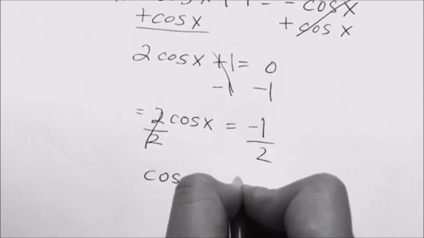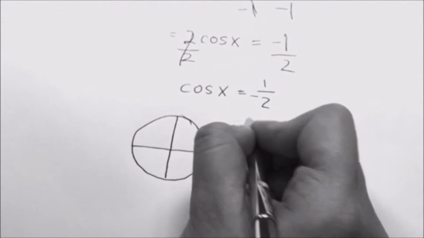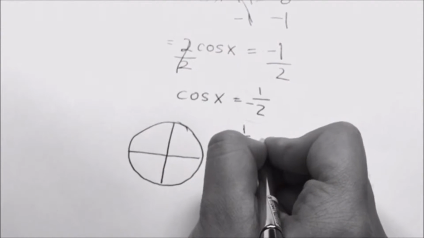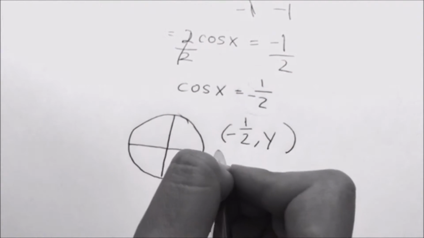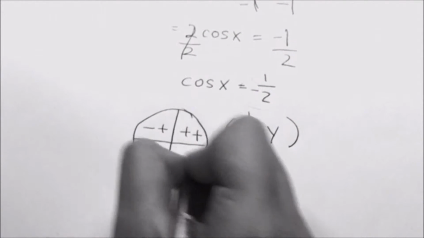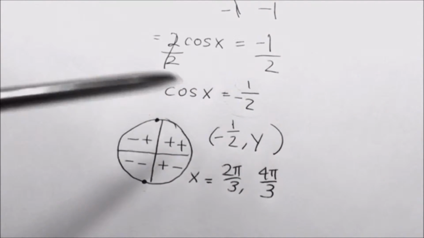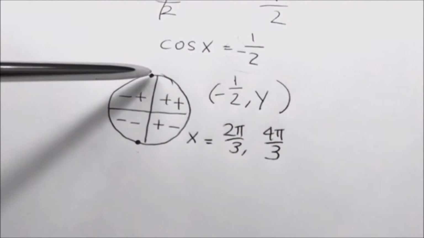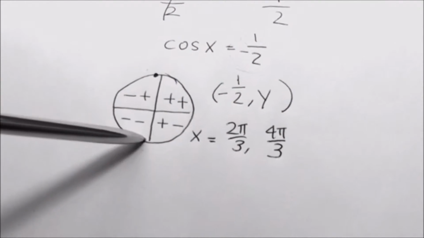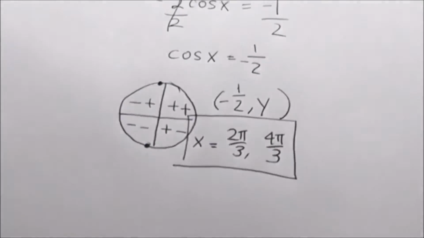And you'll get cosine x equals negative 1 over 2. And then you draw your unit circle and figure out where your cosine value is. On the unit circle, the cosine of x of 1 over negative 2 equals 2 pi over 3 and 4 pi over 3. And there's your answer for solving.